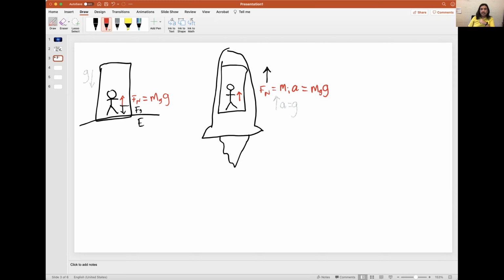This is a thought experiment that Einstein came up with, with an elevator, thinking of an elevator in space or an elevator that is not moving, and you wouldn't be able to tell between the two.